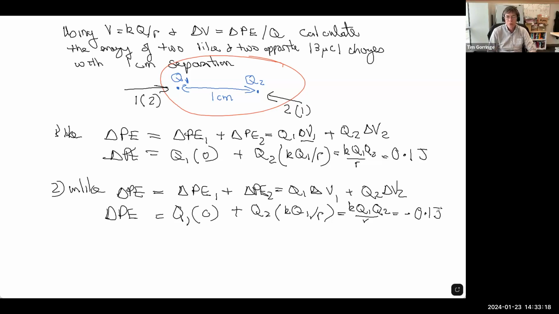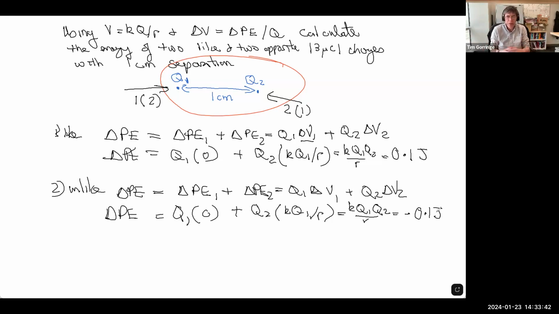Anyway, I wanted to work through that example of calculating the electrical potential energy for an arrangement, in this case a pair of charges, and we did the case of positive like charges and a positive and negative unlike charge. You could extend this procedure, right?